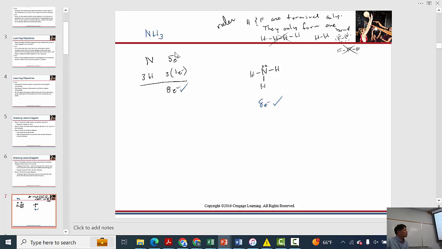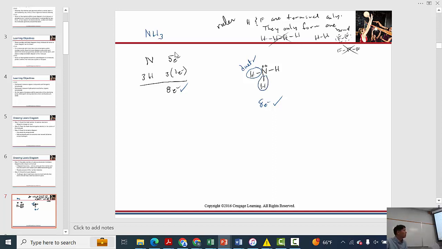We check the octet rule. Does hydrogen have an octet? No. So this doesn't have an octet, but for hydrogen we have to use the duet rule rather than the octet rule, and so that's okay. Hydrogen's in the first shell and we only need 2 electrons to fill the first shell, and each of these hydrogens has that.